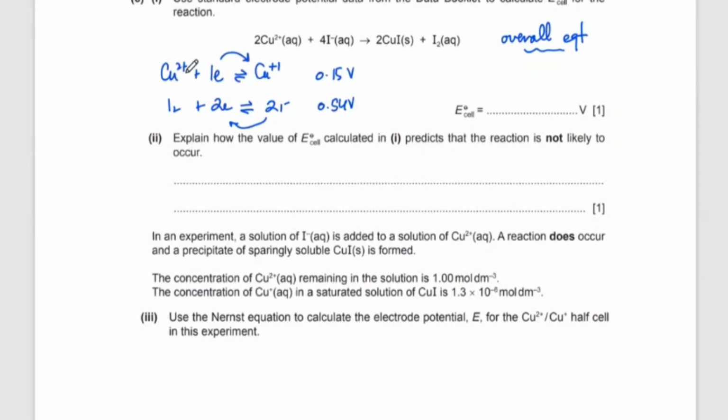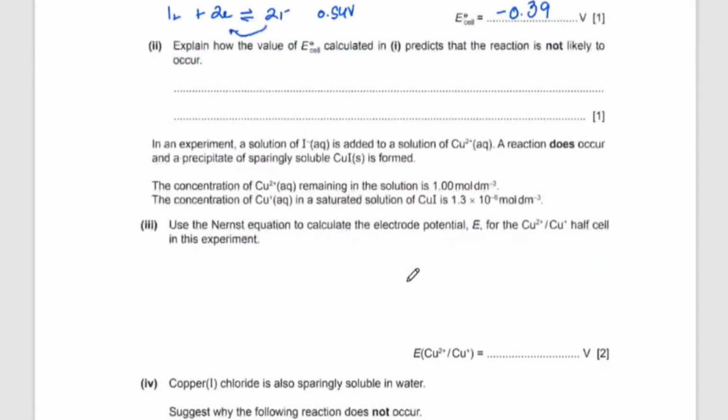If you do reduction minus oxidation, you get a negative value: 0.15 minus 0.54, which is minus 0.39. So explain how the value of E naught cell predicts the reaction. It's negative, and that predicts the reaction is not going to happen.